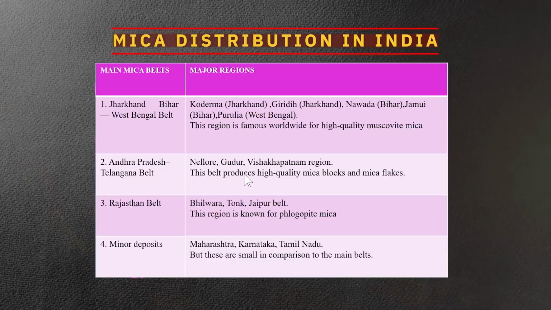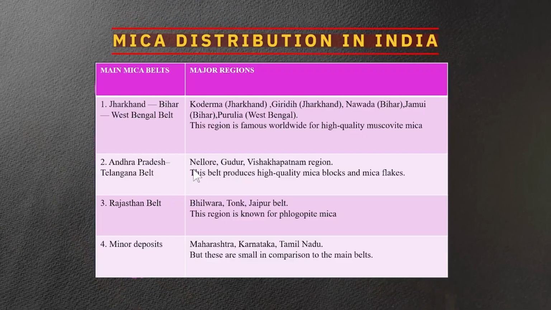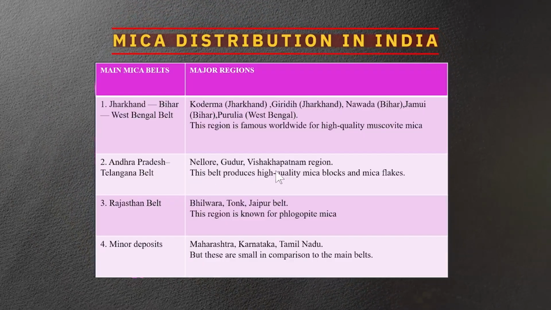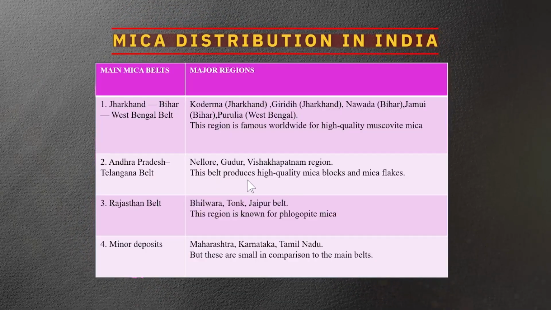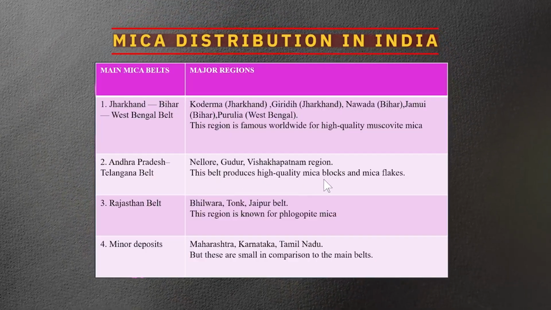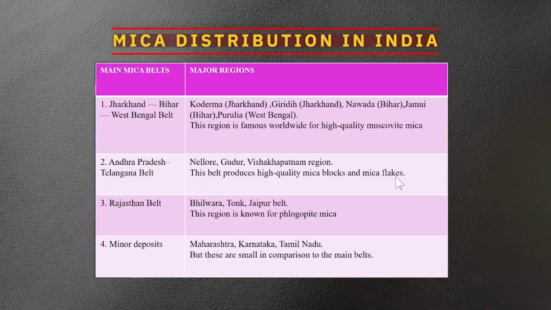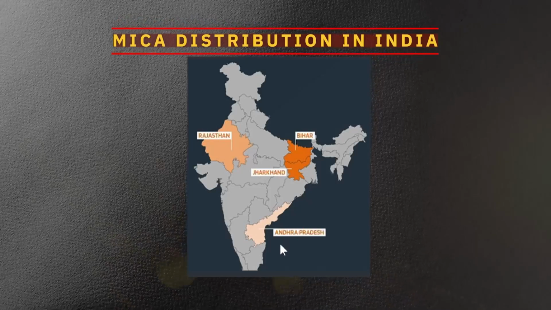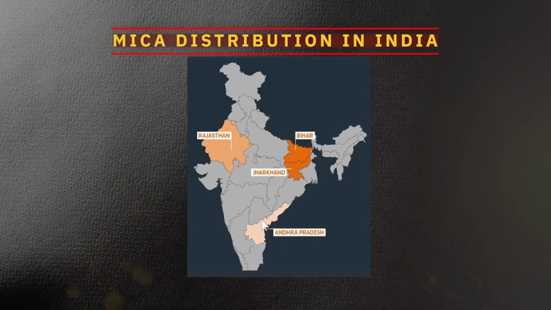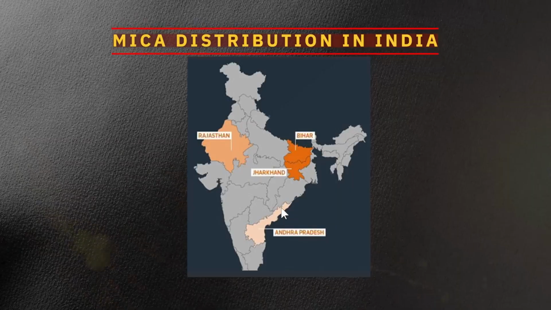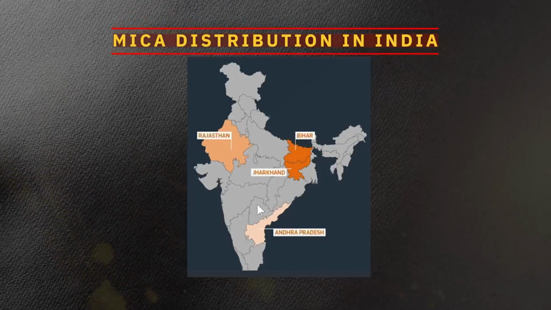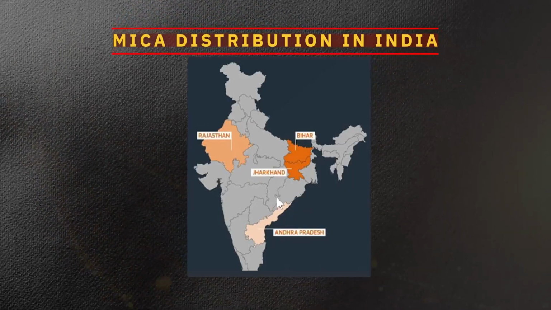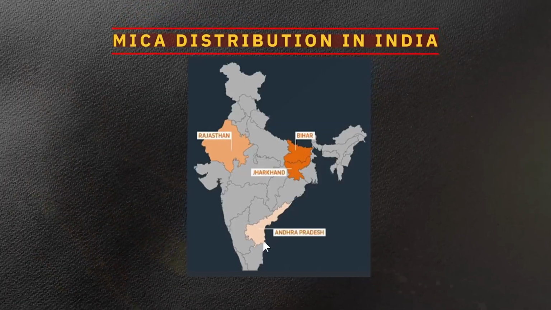This belt includes some major regions such as Nellore, Gudur and Visakhapatnam, and it produces high quality mica blocks and mica flakes. So this belt is also essential for mica production in our Indian economy. Now let's see where this belt is located on our map. See, in these portions where Andhra Pradesh is denoted, these portions are the Andhra Pradesh Telangana belt where different types of mica flakes and mica blocks can be seen.